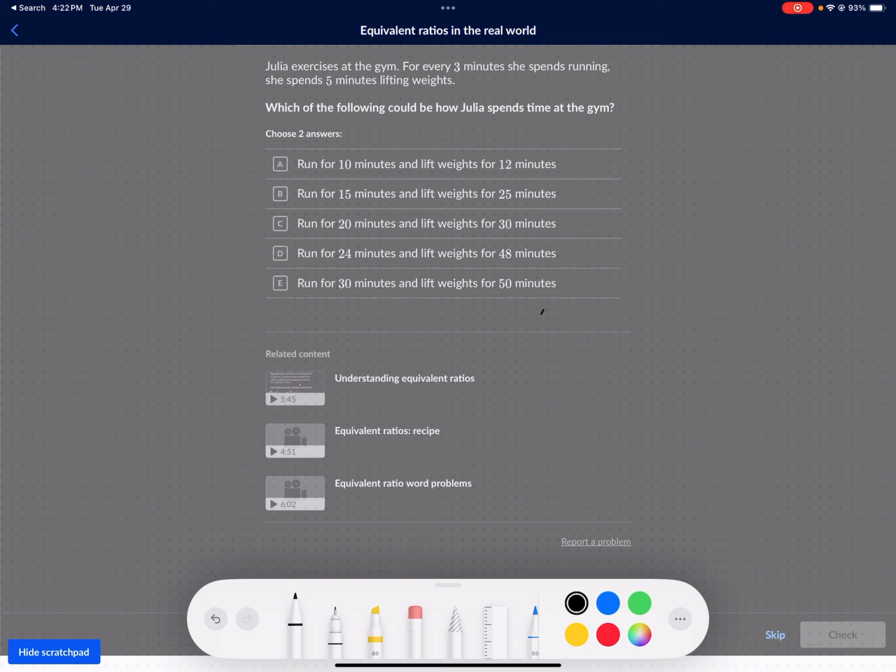So we need 3 over 5, and then we need 2 answers for this one. So maybe we can make an equivalent fraction. Could we multiply by 2? What will this be? 6 over 10. So running for 6 and lifting for 10.